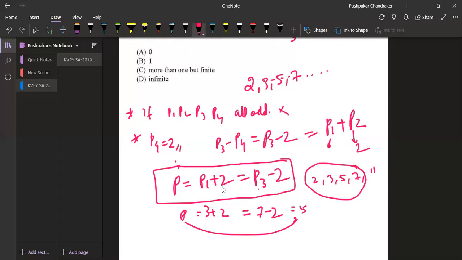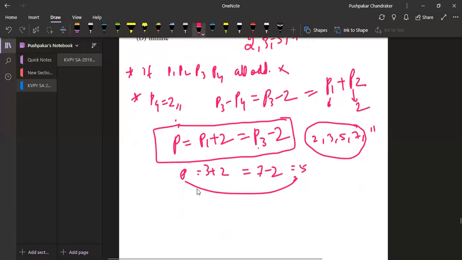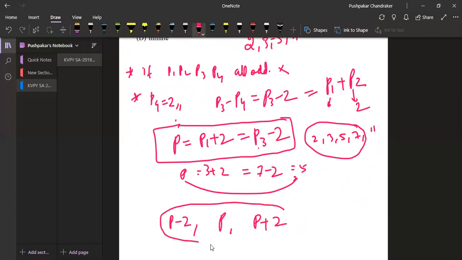After this it is very rare, because as per this, P is a prime, P1 is nothing but P minus 2, and P3 is nothing but P plus 2. It means there are 3 consecutive odd numbers which are prime, which are very rare to find. In fact, there's only one such set, which is 3, 5, and 7.